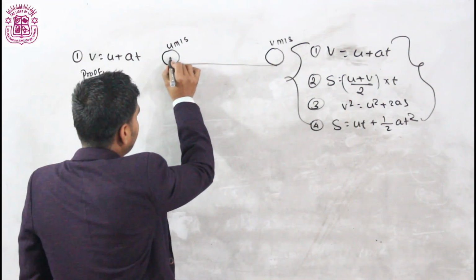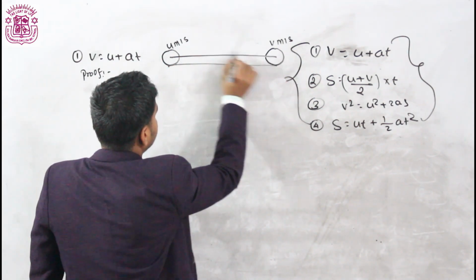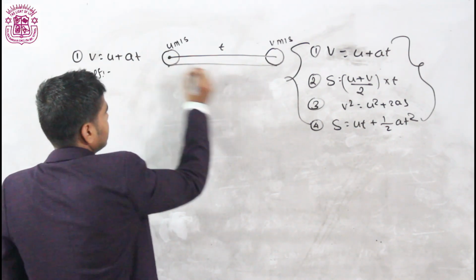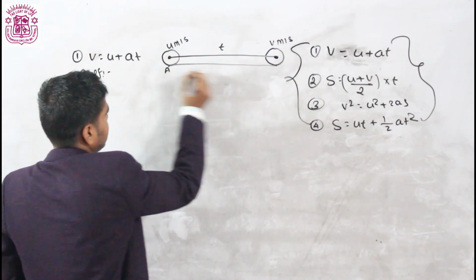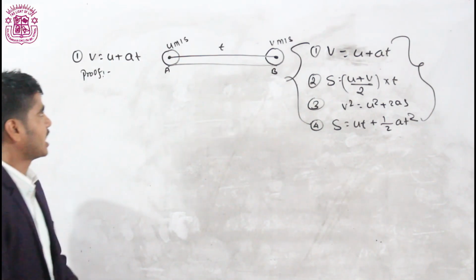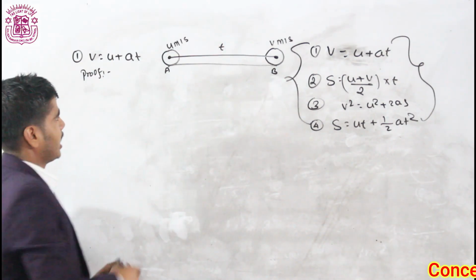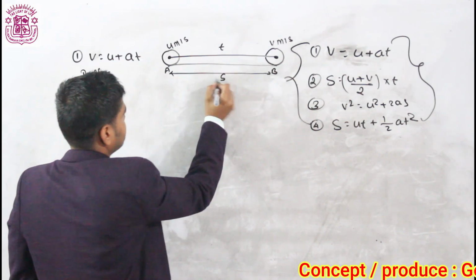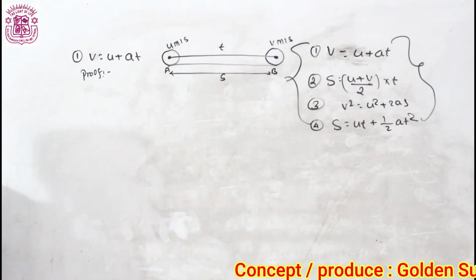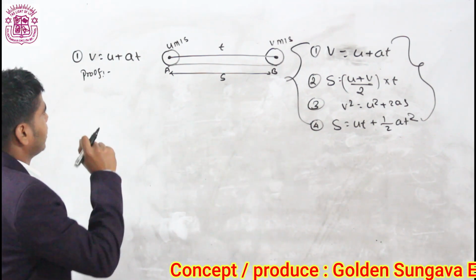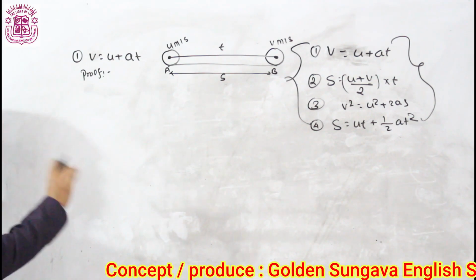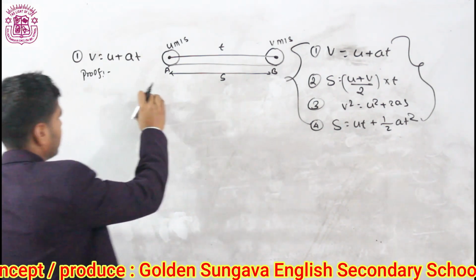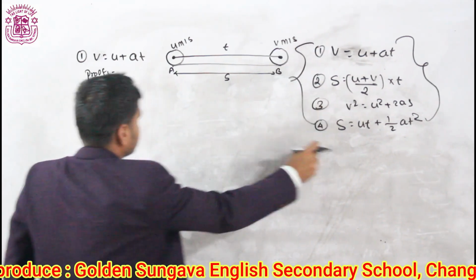If this body takes time t to travel from point A to B, and suppose this distance is s, then we can use the same figure for the proof of all these statements.